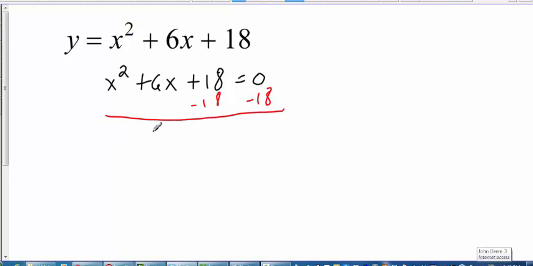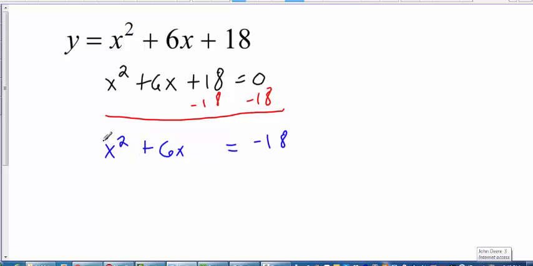There are a couple of ways teachers can teach this step. I normally just move it to the other side, which follows the process of completing the square that we've learned thus far. So it leaves us with x squared plus 6x equals negative 18.